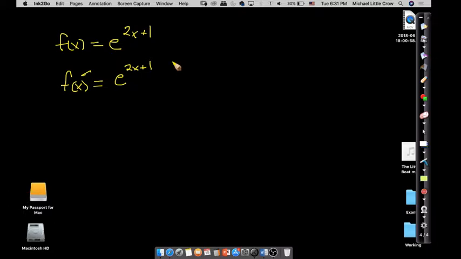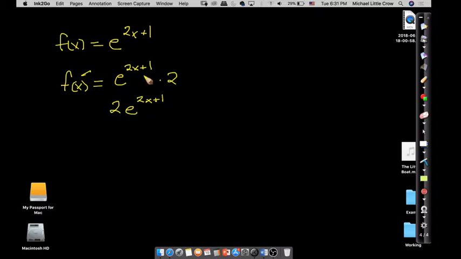It's its own derivative. And what do we, go ahead, 2. The derivative of this is x, bring down the 1, that's just 2. So we multiply by 2, because that's the derivative of the exponent. And you could put the 2 in front. Usually you would see it that way. It would be written as 2e to the 2x plus 1.